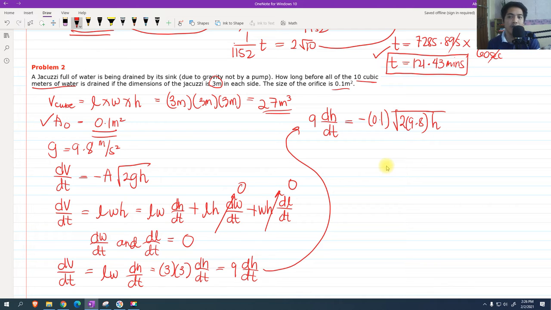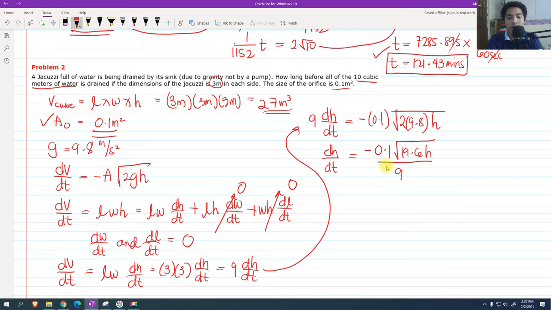That's the unknown, that's the changing quantity because we have dh over dt here. So we have dh over dt equals negative 0.1 square root of 19.6h all over 9.